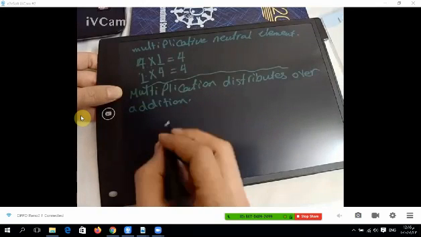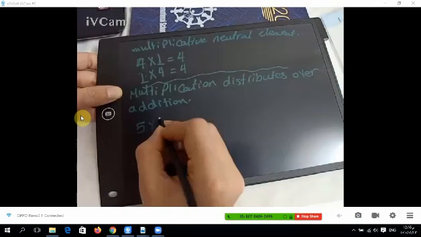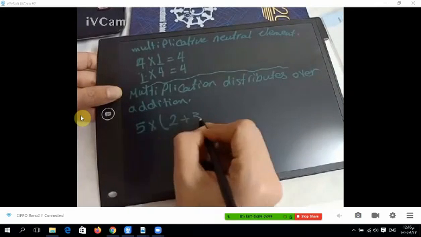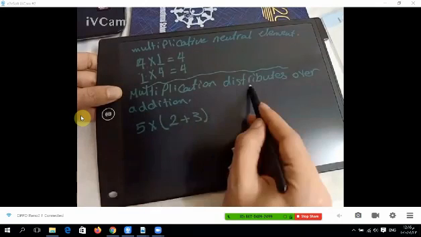If I have here 5 times 2 plus 3, how can I solve this question? By using the distributive property.